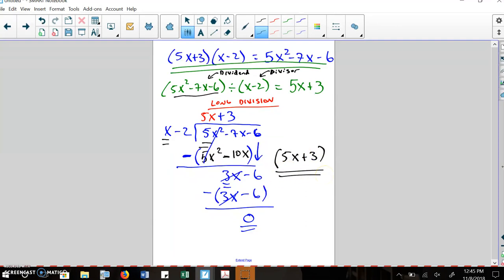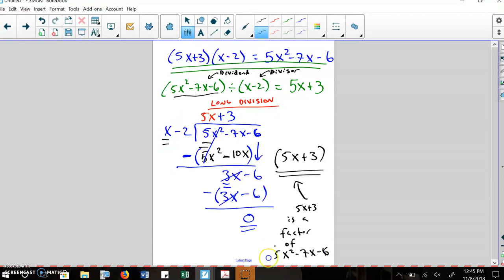Here's another thing that won't make a ton of sense right now, but eventually we need to recognize this. If we get a remainder of 0, what that means is 5x plus 3 is a factor of 5x squared minus 7x minus 6.